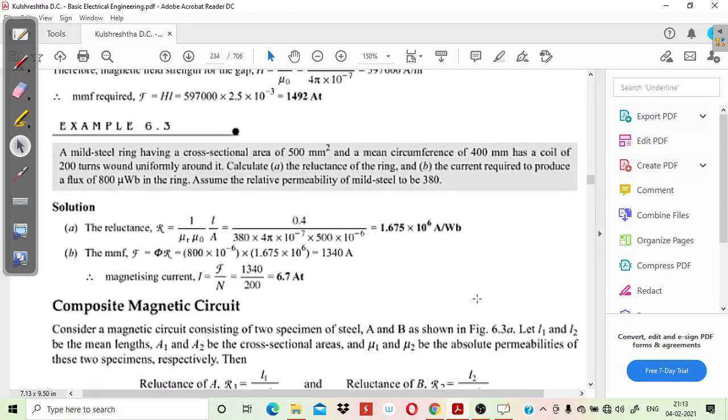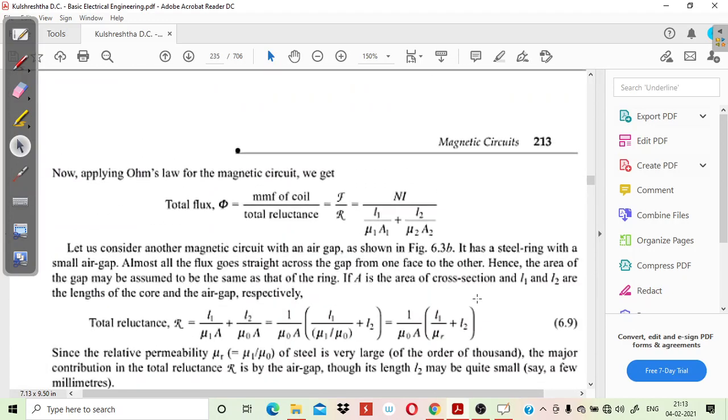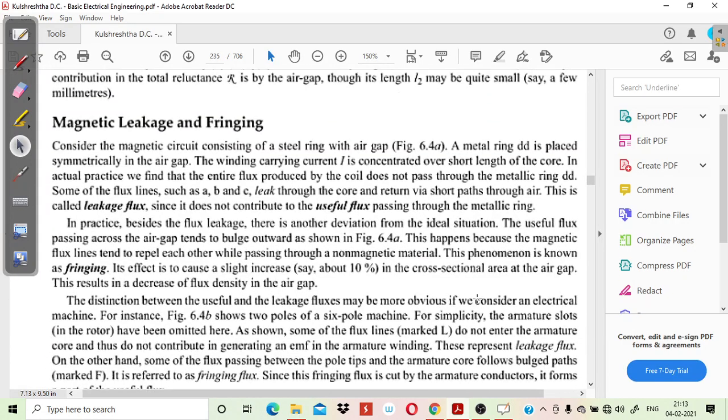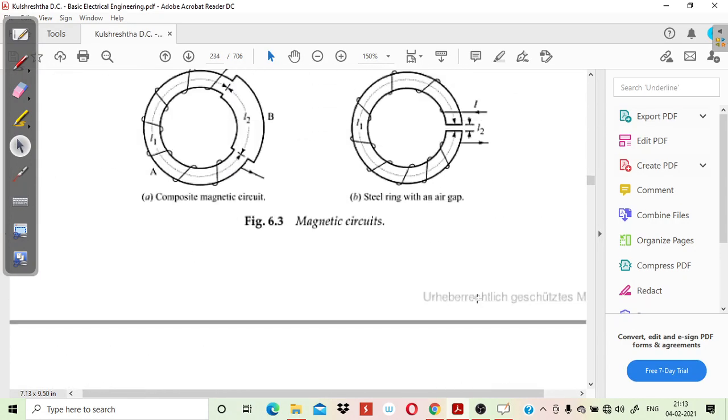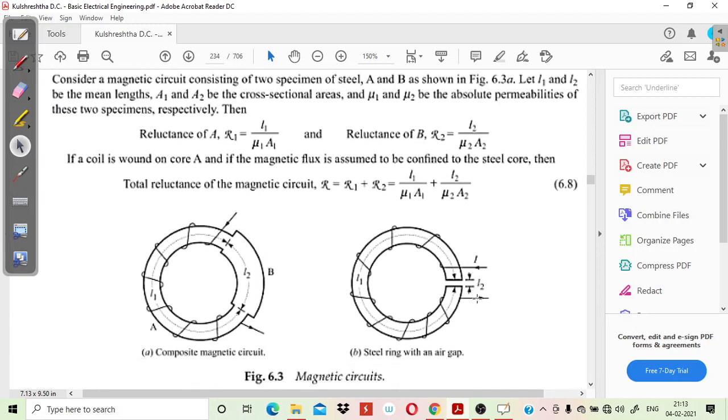Then next we have to discuss the composite magnetic circuit.